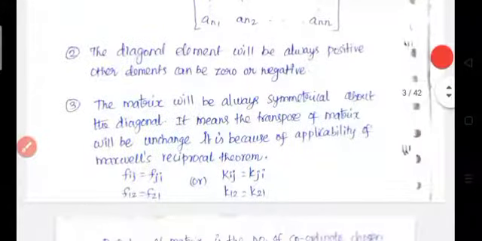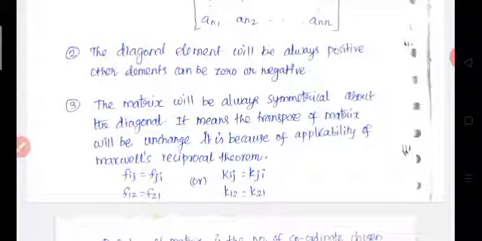Then third, the matrix will always be symmetrical about the diagonal. It means the transpose of the matrix will be unchanged. It is because of the applicability of Maxwell's reciprocal theorem. So the flexibility and stiffness matrices are always symmetrical.